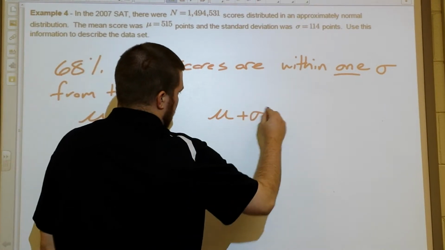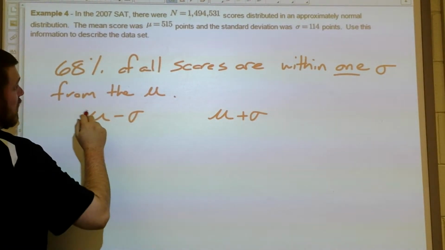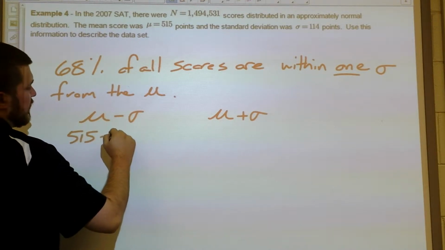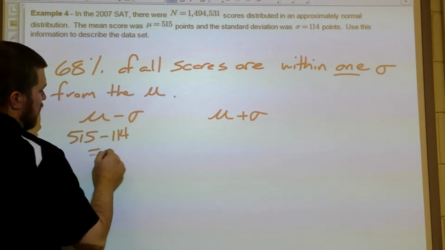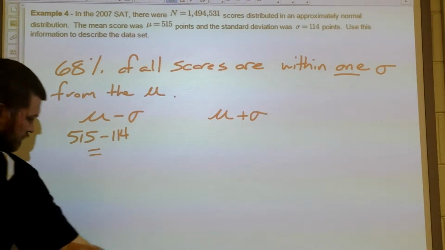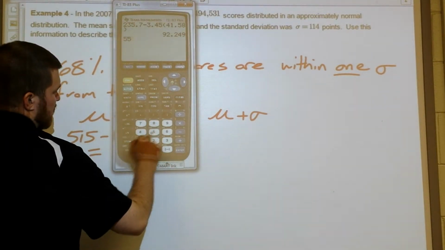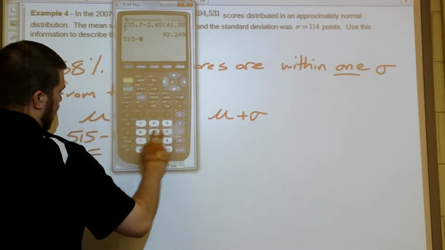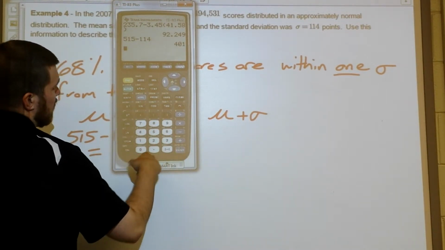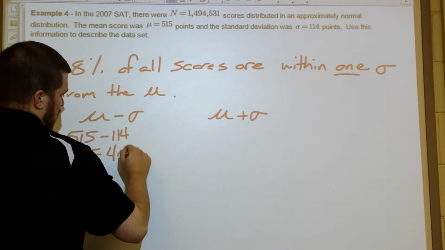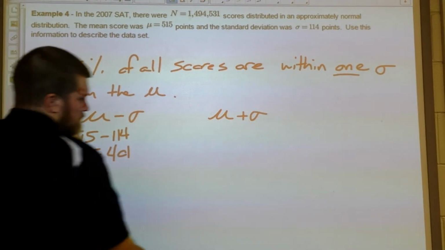Let's plug in what we know to get these data values. So the mean was 515, minus 1 standard deviation of 114. So my lower bound, 515 minus 114, is 401, or essentially a 400. That was my lower score.